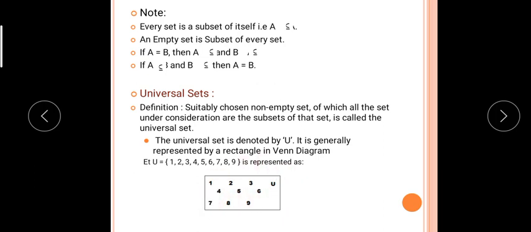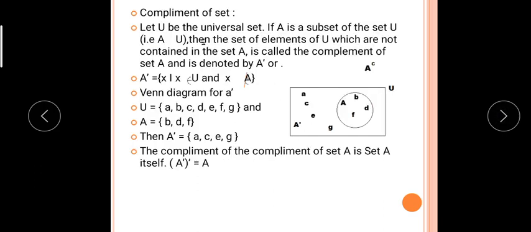Understood the concept of subset and universal set? Now the next, complement of a set. This is also a very simple concept. Complement means what? For example, set A and set B. Okay, a simple example, just look towards the diagram.